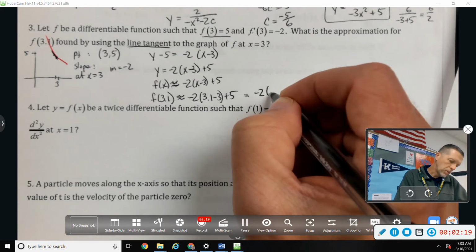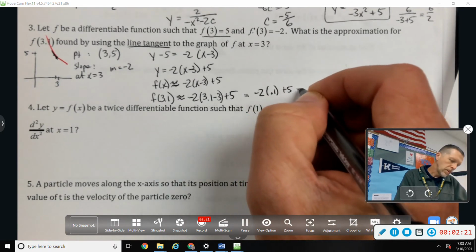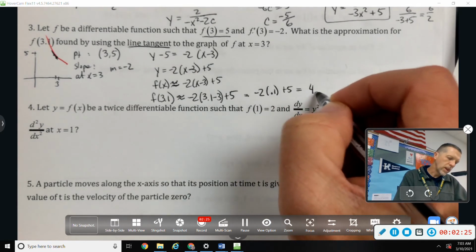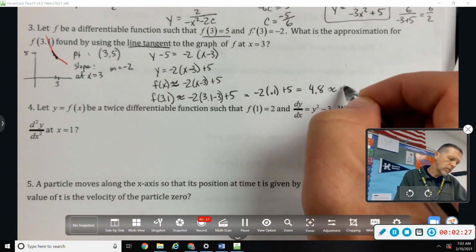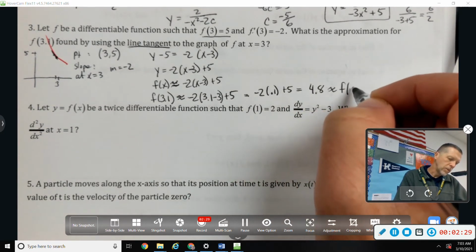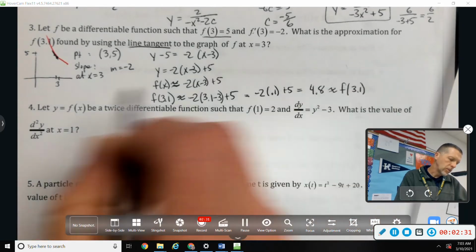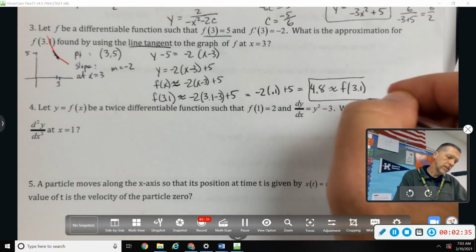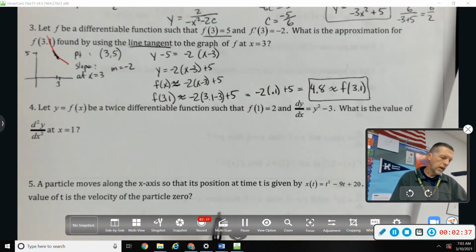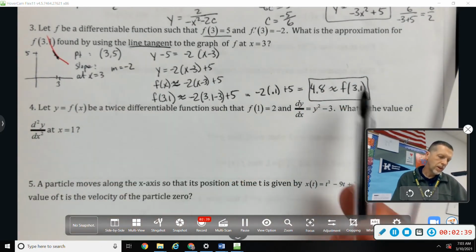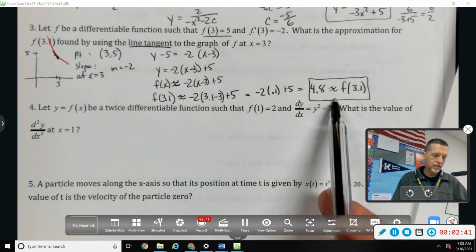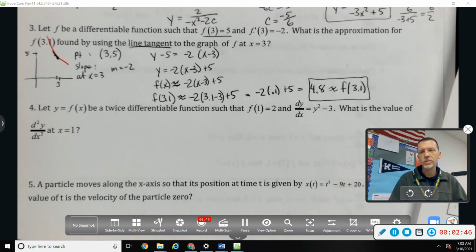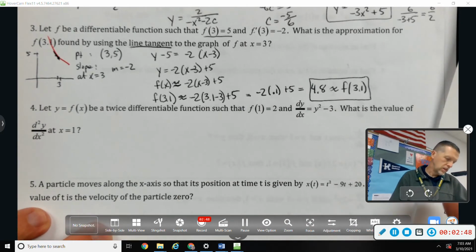Negative 2 times 0.1 plus 5, so negative 0.2 plus 5 is 4.8, and that fits what we said earlier, that we think the answer is going to be a little less than 5 based on the picture, and we got a little less than 5. And we don't know what f is, so we can't say for sure how accurate this is. The best we can do is say it's close, and we really don't even know how close.